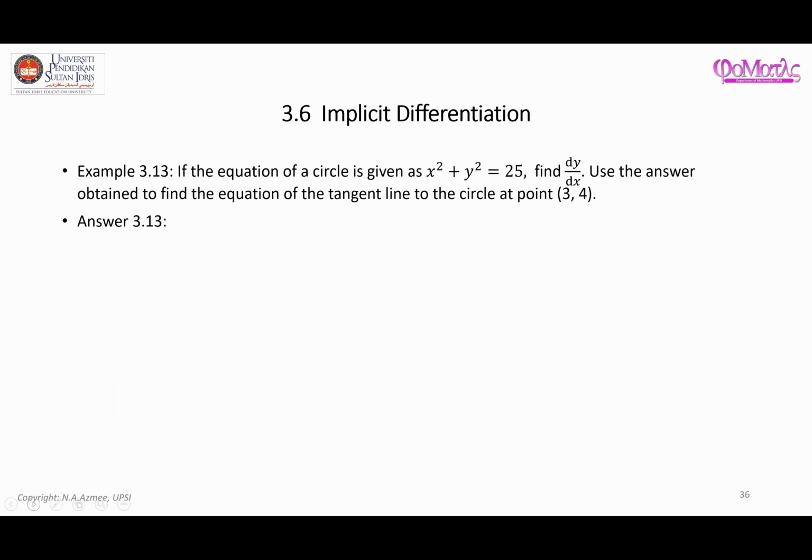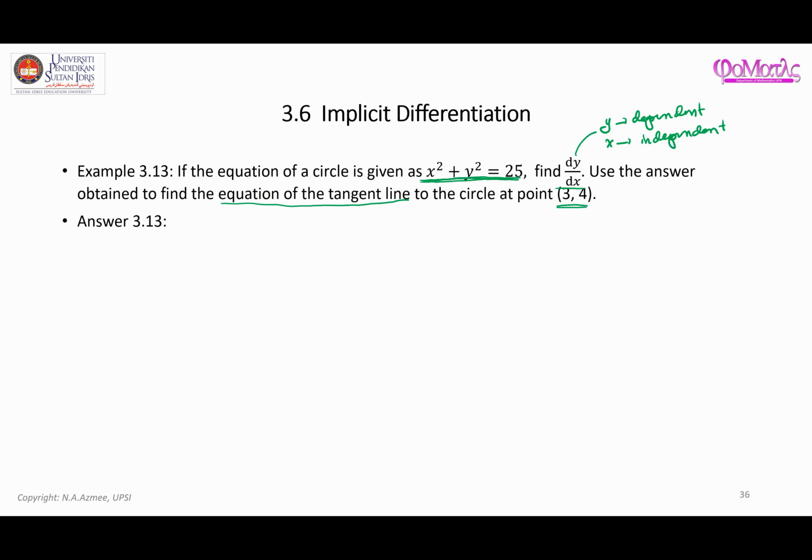Here we have the equation of a circle, x squared plus y squared is equal to 25, and you are asked to find the derivative dy/dx, which means that y is your dependent variable and x is your independent variable. After you have managed to get the derivative, you're going to use the answer to get the equation of the tangent line to the circle at this specific point.